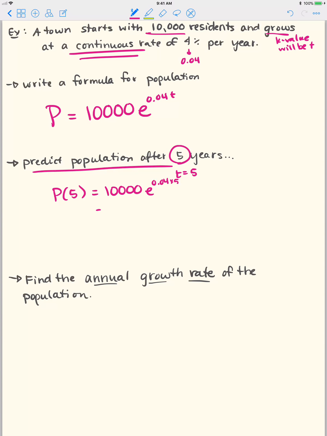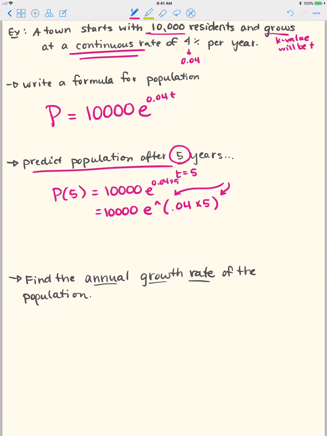You have to be careful when you type this into the calculator because e needs to have the product of an exponent of 0.04 times 5. So just be really sure that you use parentheses around that exponent on e so it multiplies the 0.04 times 5 in the exponent that's on e, or you'll get the wrong calculation.